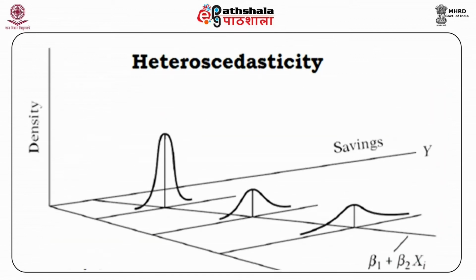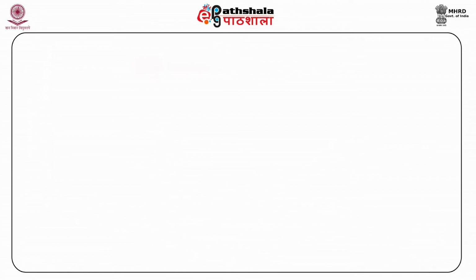This diagram represents heteroscedasticity. It occurs when one of the assumptions of the classical linear regression model is violated. In the presence of heteroscedasticity, ordinary least squares estimators and forecasts based on them are still unbiased and consistent, but lose their BLUE property. The estimated variances and covariances of the estimators are biased and inconsistent.